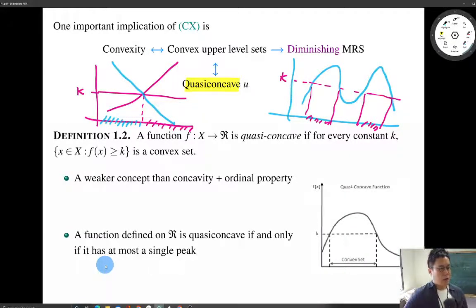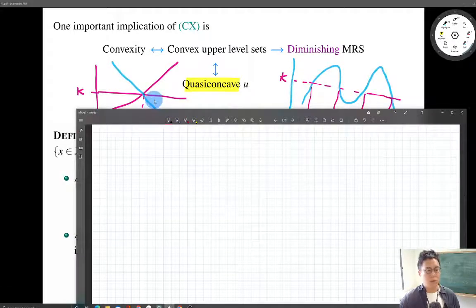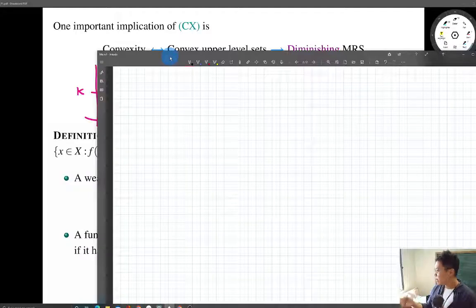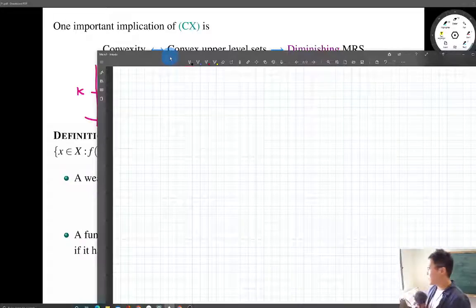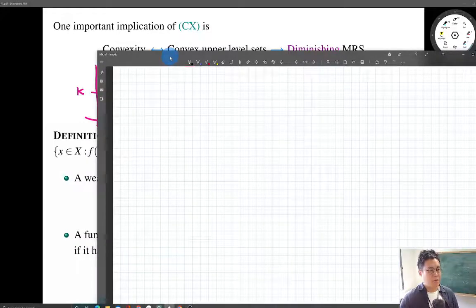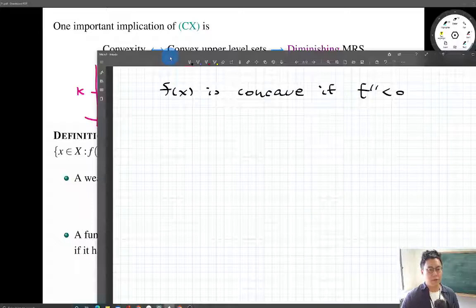All right. So this is a weaker concept than concavity. So I think in unidimensional space, a single variable function, I guess you know the exact definition of concavity. So if we have a function f of x that is concave, the second derivative is negative, right?